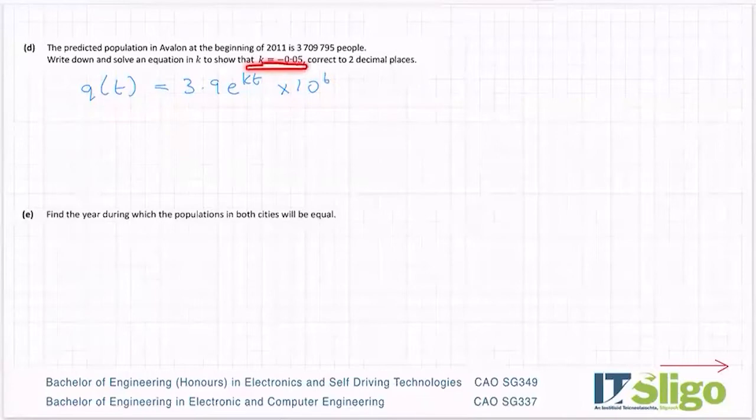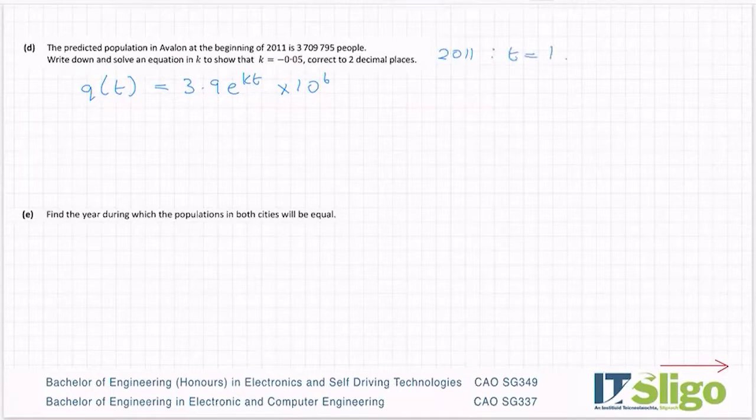I had no idea what they were talking about up here, but I knew it was Avalon, and this is the function that describes Avalon. So it had to have something to do with that. Okay, so we are looking at a year. I'm just going to put a note here: 2011, t is equal to 1. If you're not sure how to do a sum, always put down this type of information, the stuff that you can take out of the question, to get as many marks as you can.